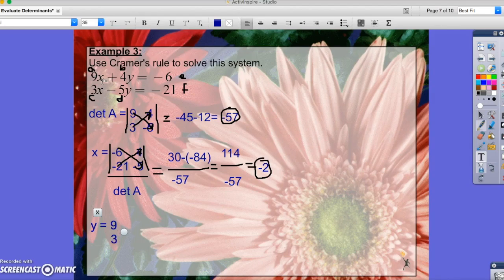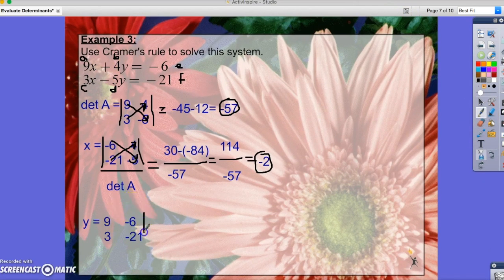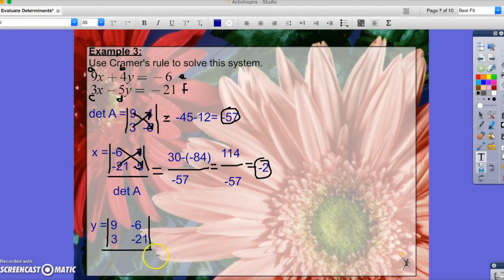And then we need E, F, negative 6, negative 21. All over determinant A. Again, they're both over determinant A.